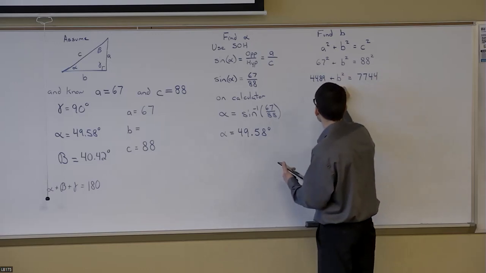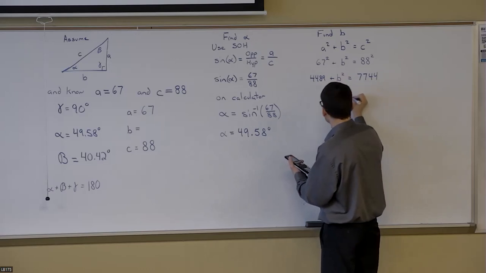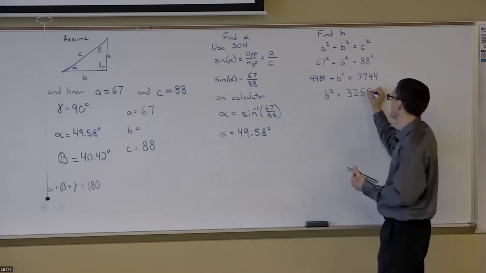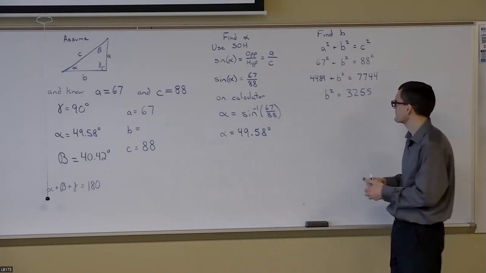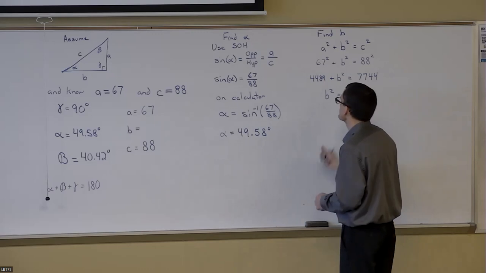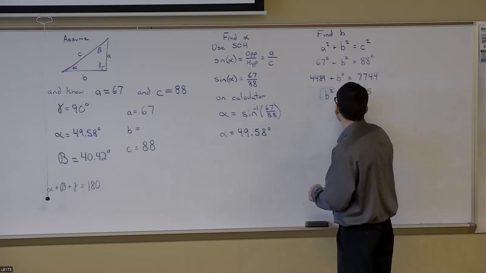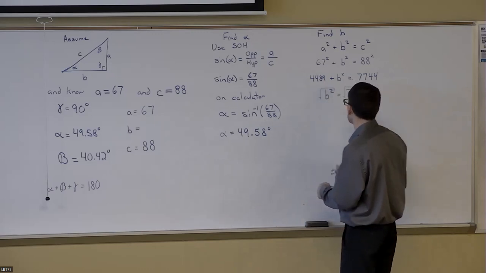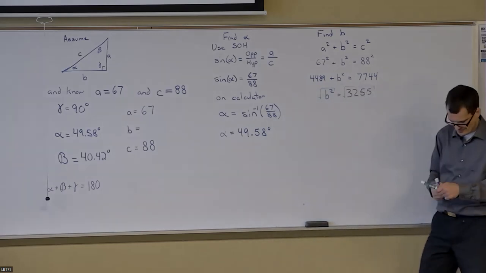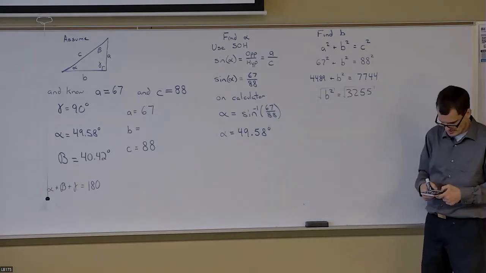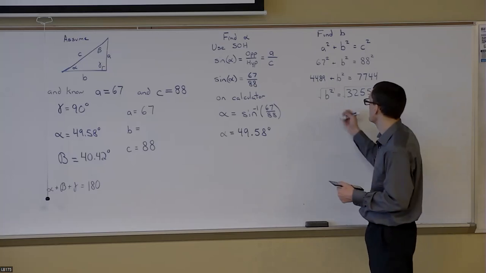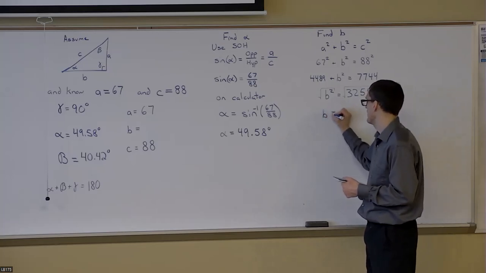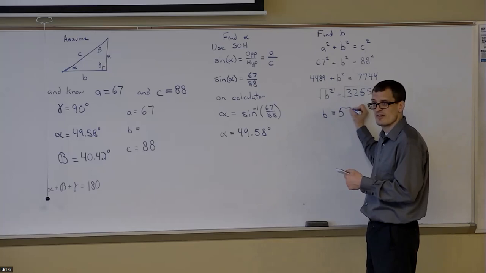B squared equals 3255. And then I'm going to take the square root of both sides. I got about 57.05 for my B. Is that what everybody else got?